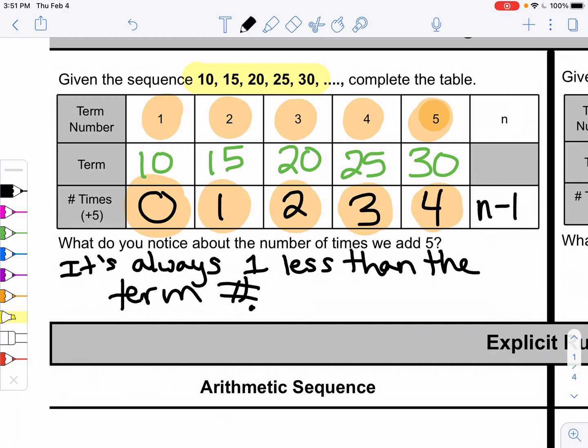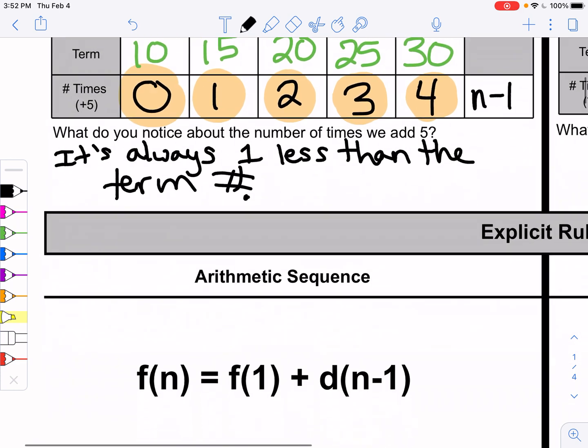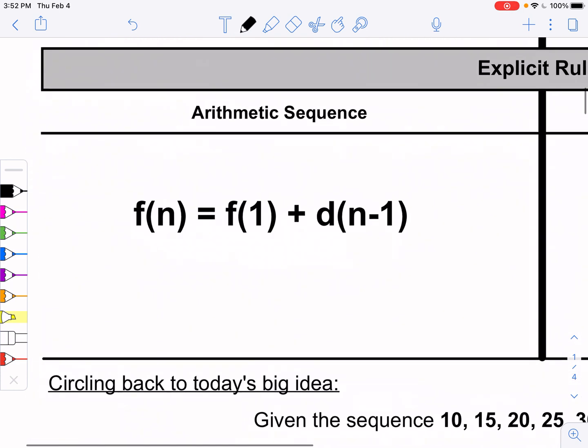When you add something over and over and over again, you can actually multiply it. So let's go ahead and look at this. Here is an explicit rule for an arithmetic sequence. Notice, we don't have to know the term before.